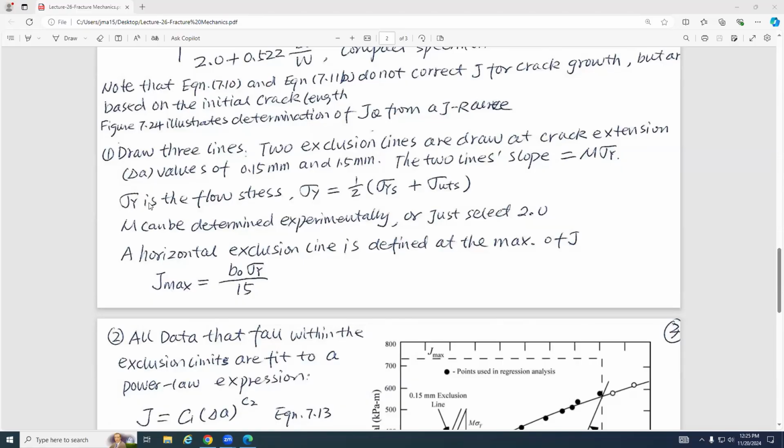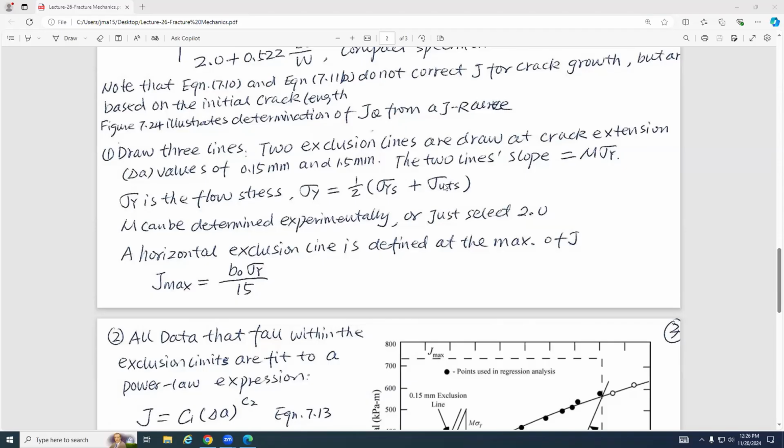Even though sometimes we use sigma y to stand for sigma ys, in this context, in order to differentiate these two, we introduced a flow stress sigma y and the yield strength sigma ys. You can imagine sigma ys and the ultimate strength. For this curve, this point is sigma ys, the yield strength, and this is sigma UTS, the ultimate strength, the highest one.